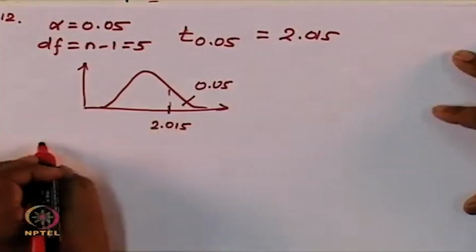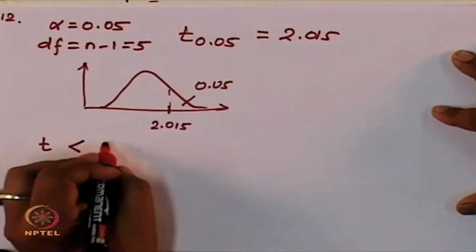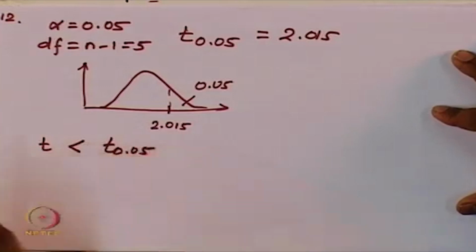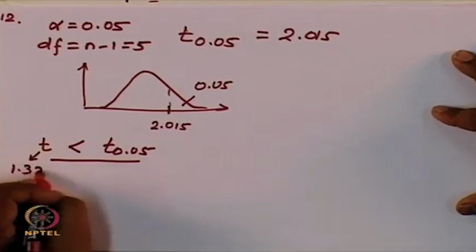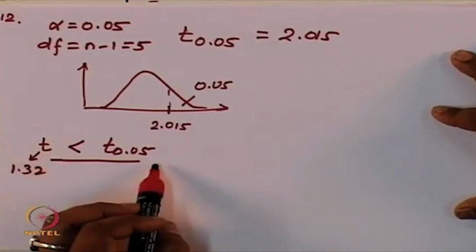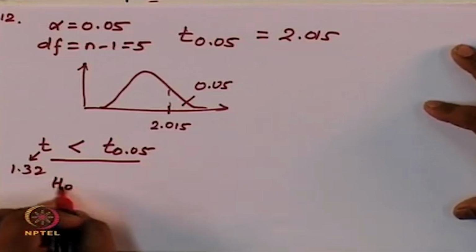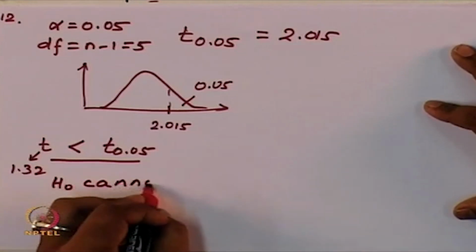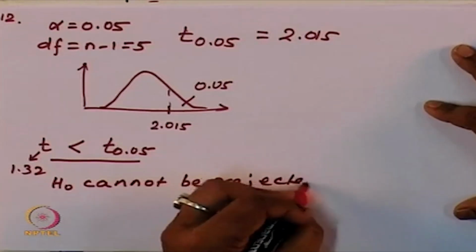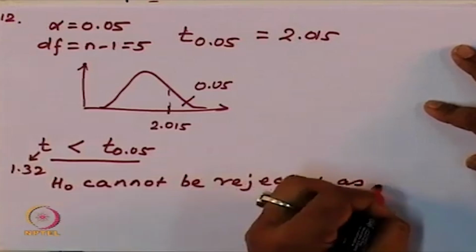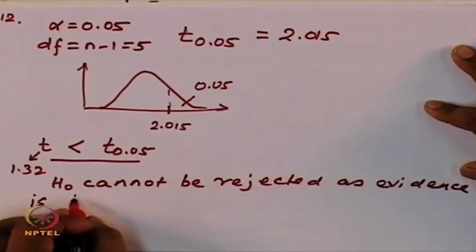But our calculated t, 1.32, is less than t of 0.05. So, I can conclude that H naught cannot be rejected as evidence is insufficient.